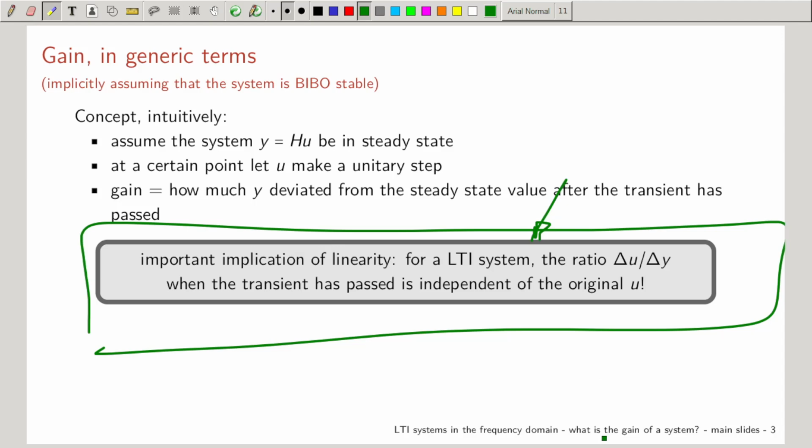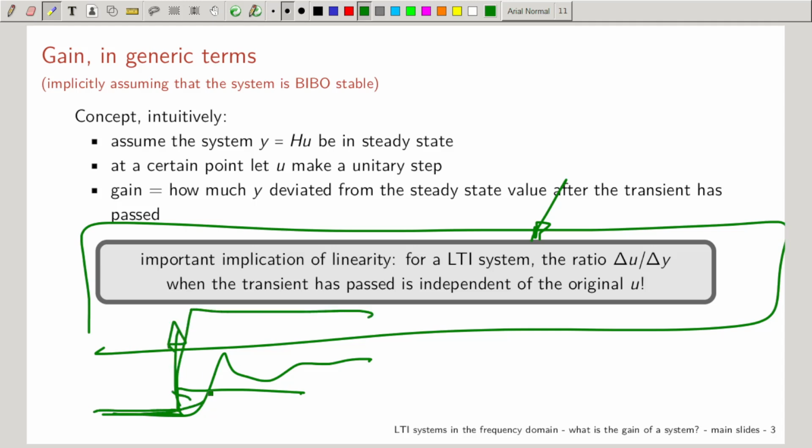Whenever we talk about LTI systems, we have superposition effects. True? So if I have this leads to this, if I increase everything of 5, this is increasing of 5. True? The ratio is going to stay independent.